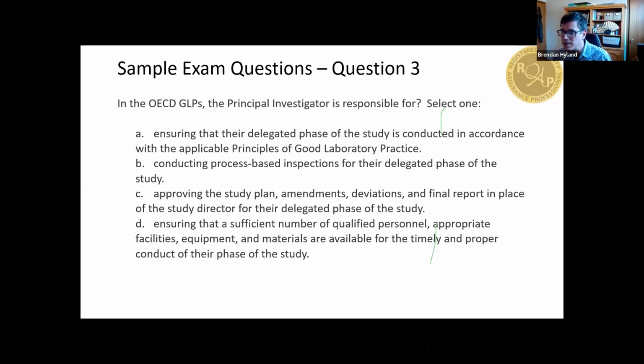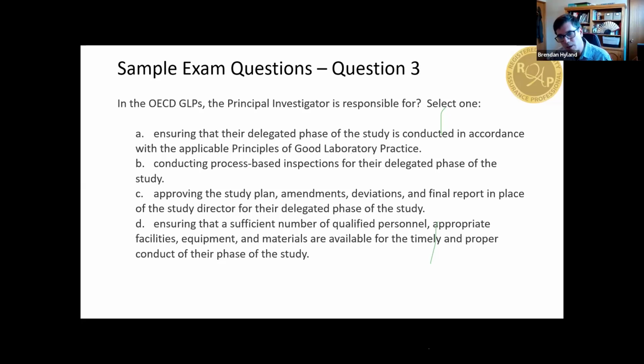Why is that? Because the study director always remains the central point of control of the study. Whatever the PI does for the study director for that phase still gets study director oversight. So they're not doing these things in place of the study director.